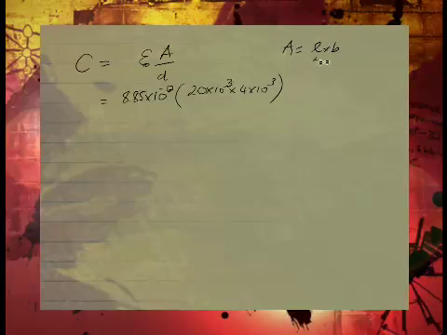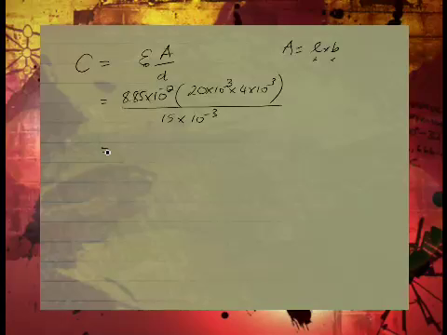Length is 20, breadth is 4. You divide all these by the distance between the plates. It's 15 by 10 to the power minus 3 in meters, because we work in meters. You know that. Okay, so let me work this out for you quickly.